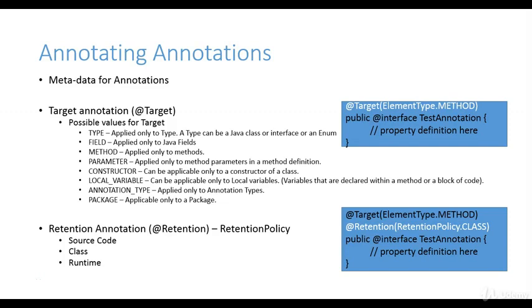So we see here that there is FIELD target and LOCAL_VARIABLE target. FIELD target does not apply to a method variable, and LOCAL_VARIABLE target is not applied to an instance variable or a static variable. And then we have ANNOTATION_TYPE target, which is applied only to annotation types.